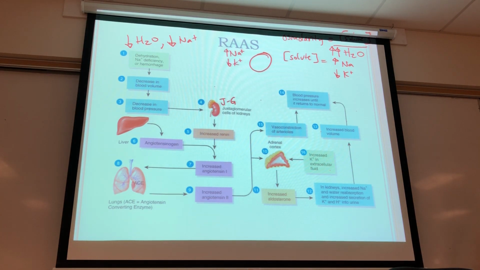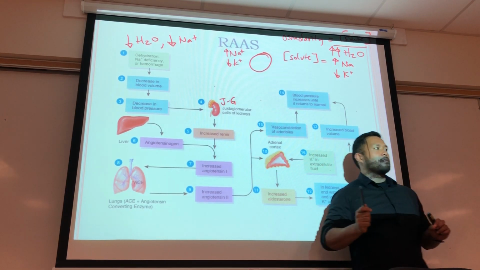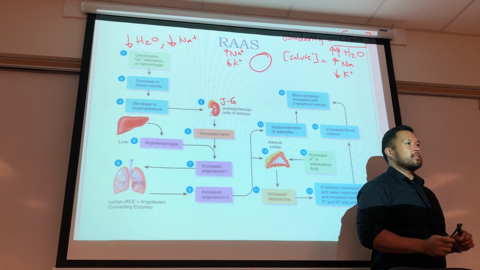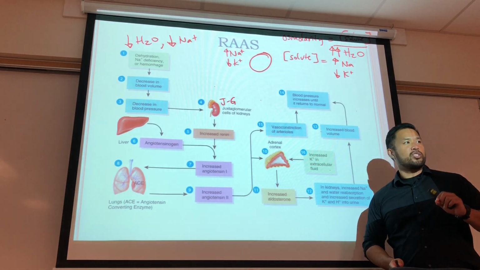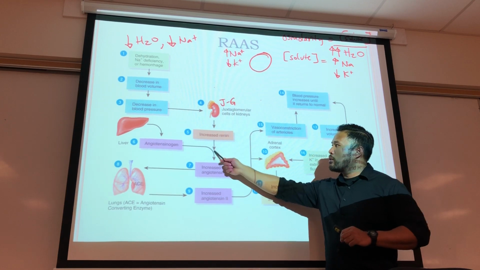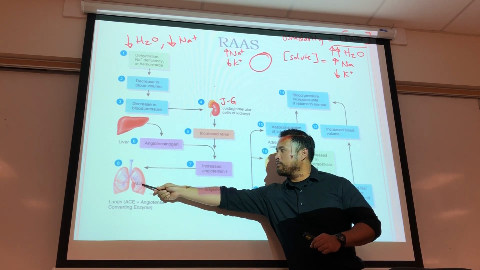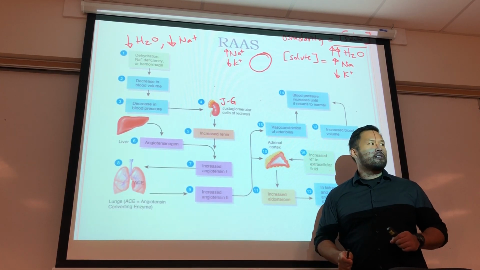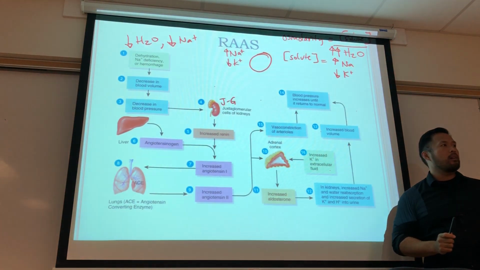There's a set point in the kidneys that says this is the proper amount of blood that should be flowing through the kidneys. Now, as blood flows through the kidneys, if the set point is off on the juxtaglomerular cells, and it says the amount of blood flowing in is too low, when it actually is just fine, that's going to start secreting renin that will go through this whole system, converting angiotensinogen to angiotensin 1, and then getting converted by this ACE enzyme to angiotensin 2, which effectively will start increasing blood pressure and retention of water.